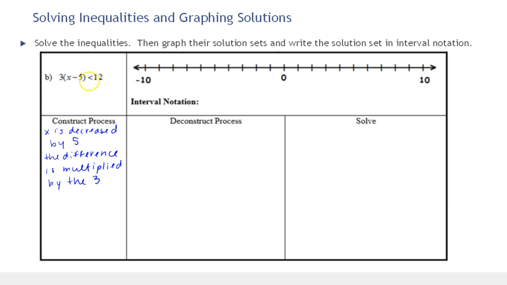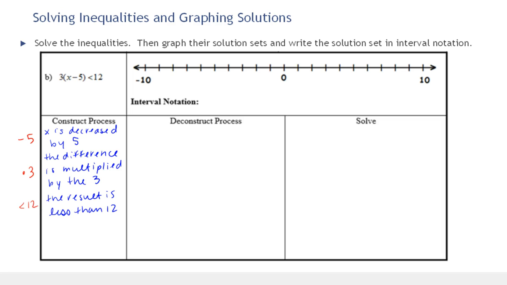And the result is less than 12. Okay, and now let's just put some notes on the side. So we have x is decreased by 5, the difference is multiplied by 3, and the result is less than 12. So now let's deconstruct this.